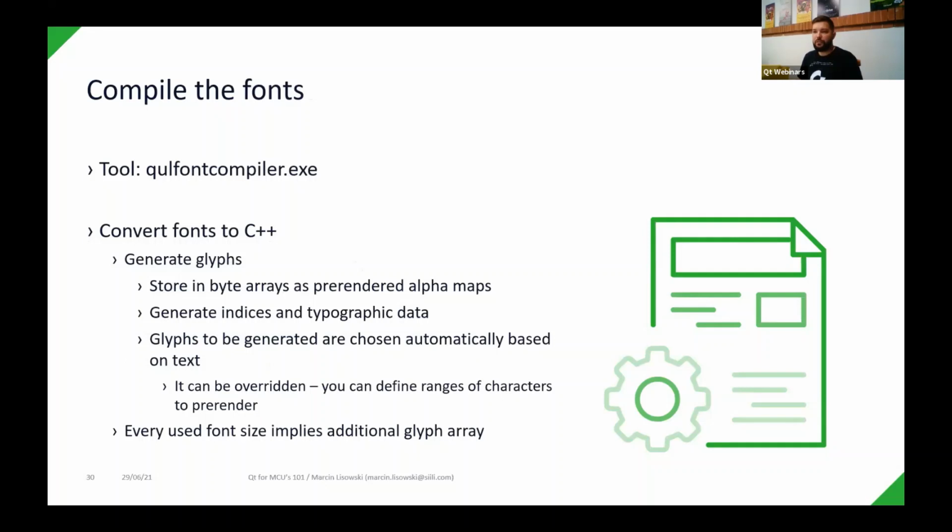QML Font Compiler is a tool responsible, as I said also before, for converting the fonts to C++ byte representation. It generates the glyphs and stores those arrays as pre-rendered alpha maps. It will also detect which glyphs are used in your application, and will generate glyphs only for those characters that are used in your app.